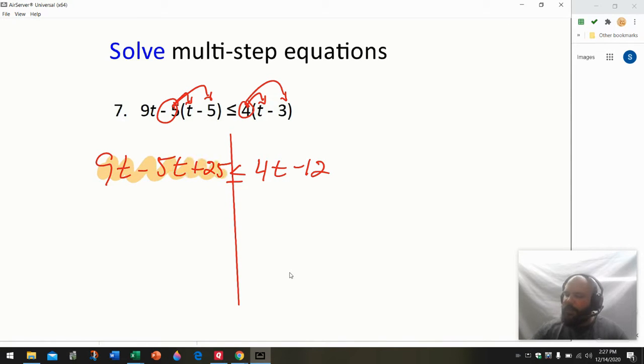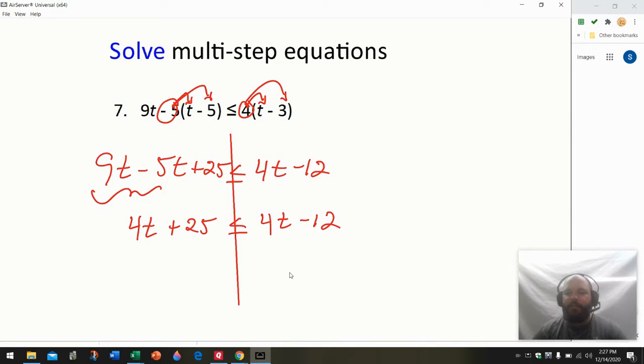If you look over here, that side, there are like terms that need to be combined. We are not moving things left or right until we have combined all of our like terms. So 9t minus 5t is 4t plus 25 is less than or equal to 4t minus 12.